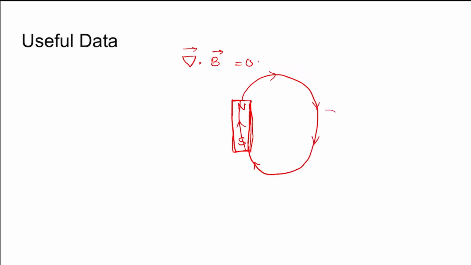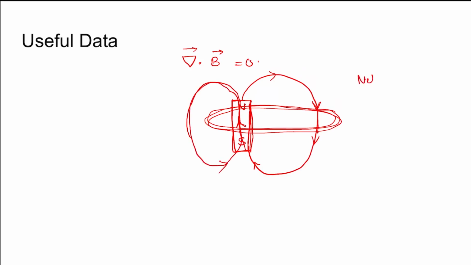Now if you take a closed surface like this, magnetic fields are emanating from the surface and coming back. Similarly, magnetic fields, you see, are emanating from the surface and then coming back.